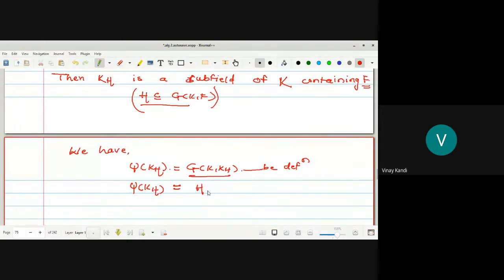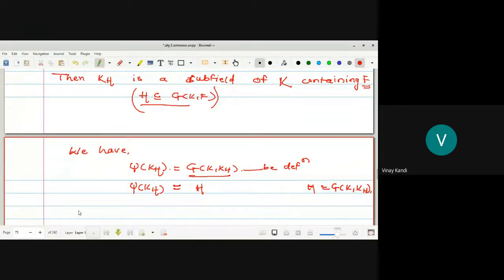Page number 77, see, it is given in your notes, in Chapter Unit number 3. Okay, GKKH is equal to H. We proved it in the previous lecture. Okay, what is H? GKKH, that is nothing but H is equal to GKKH.